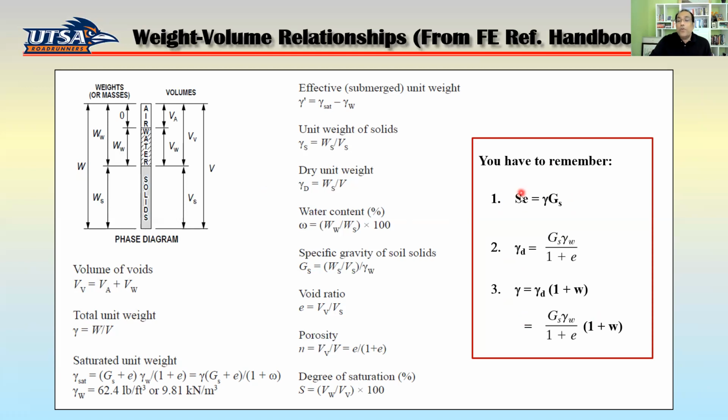The first one is gamma D equal to GS gamma W, many times we call that Swig's equation, just to remember that one.